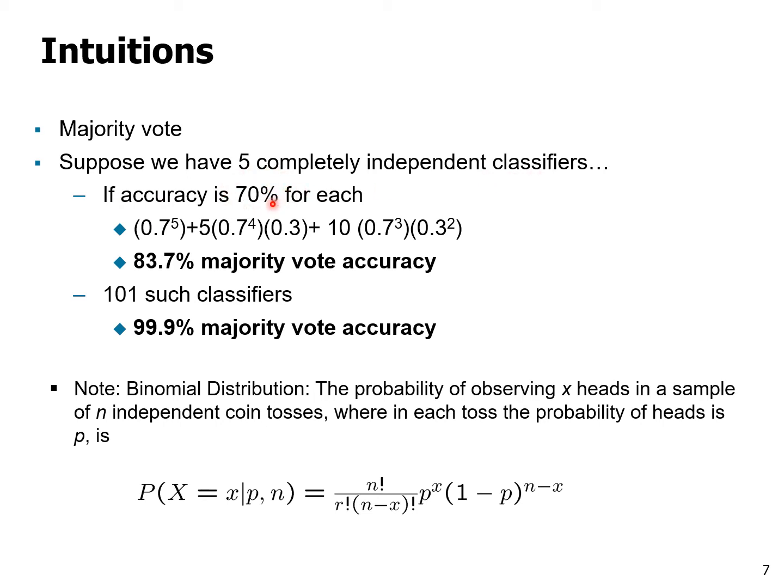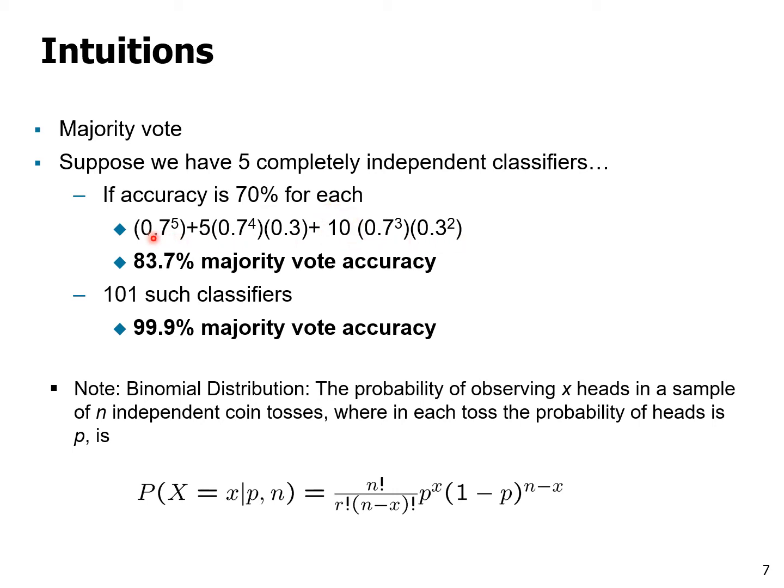Then for the final prediction of the ensemble method to be true, at least 3 of them should be correct, right? So this case is where every classifier is correct, 5 of them. In this case, four of them are correct and 1 of them is wrong. And this is the case where 3 of them are correct and 2 of them are wrong.